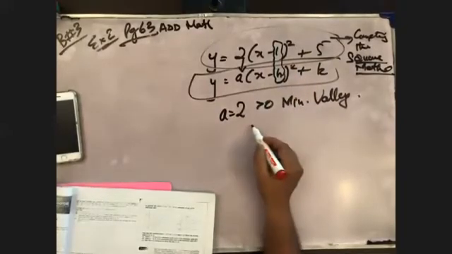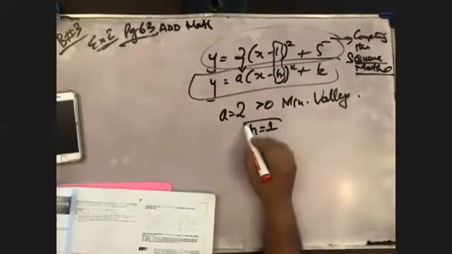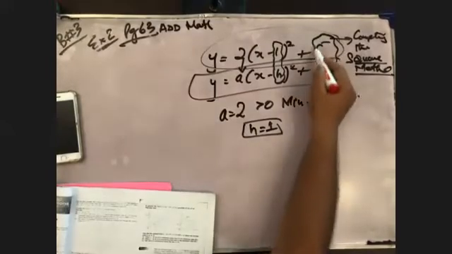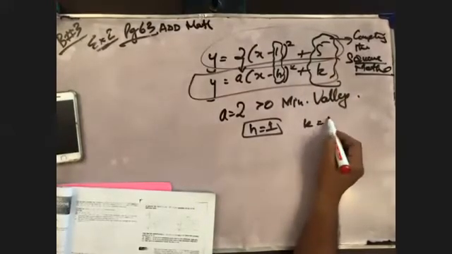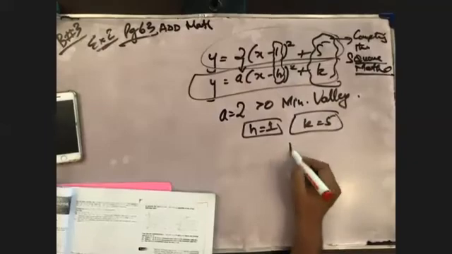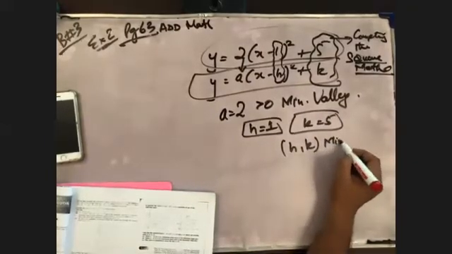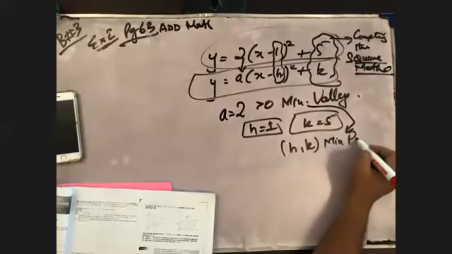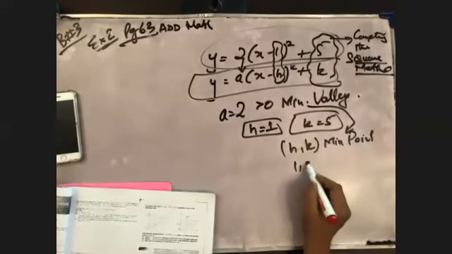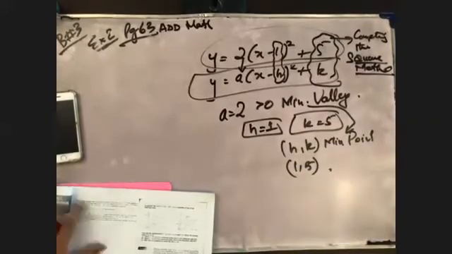Therefore, h is equal to 1. And k takes a value of plus 5. H comma k is the minimum point. That is 1 comma 5 is the minimum point.